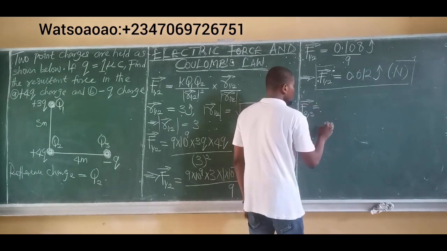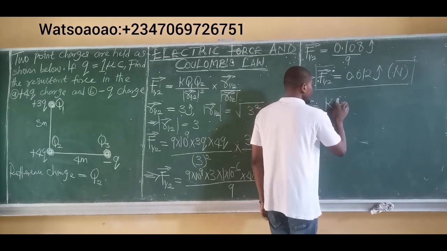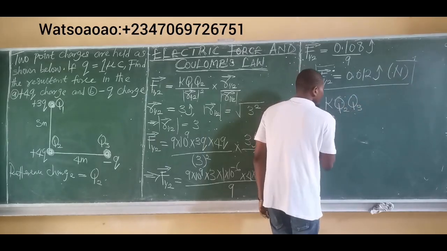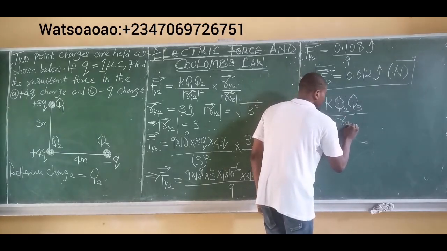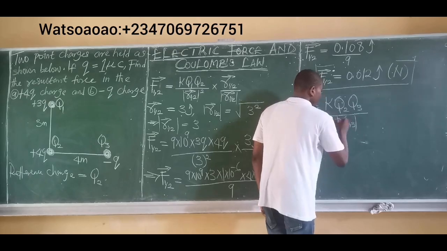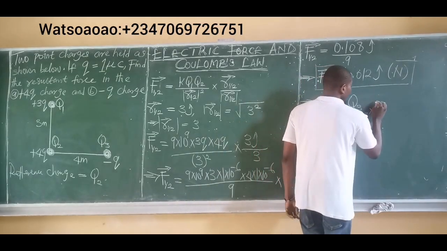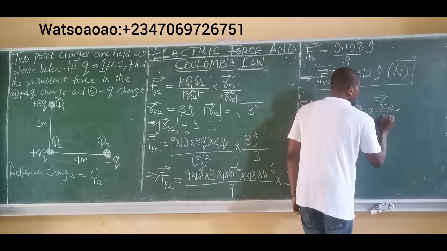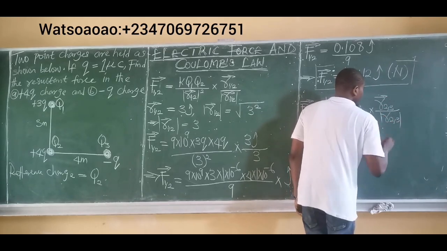This is going to be equal to, once more, K multiplied by Q2 multiplied by Q3, all over the magnitude of the position vector between charge 2 and charge 3 all squared, multiplied by the unit vector, which is the position vector between charge 2 and 3 all over the magnitude of the position vector between charge 2 and charge 3.